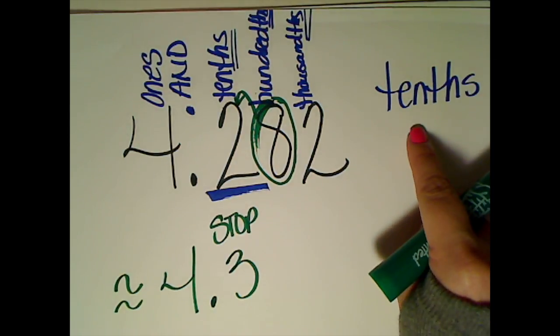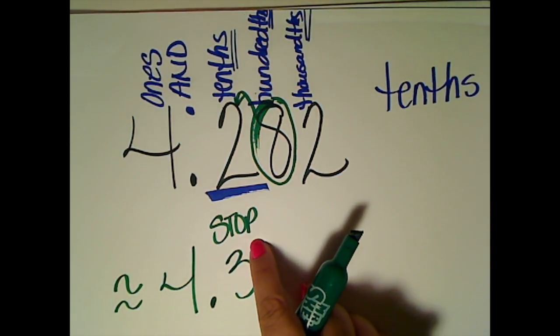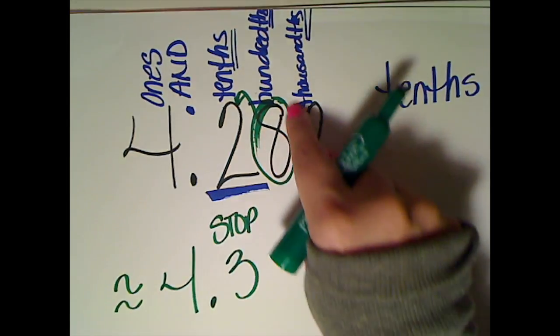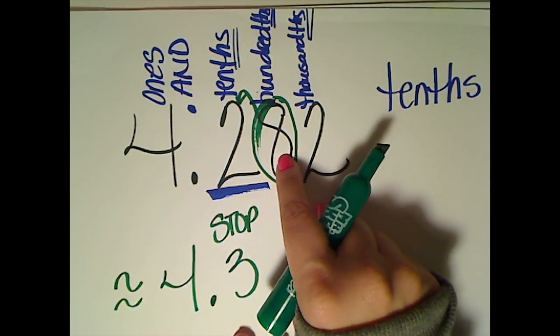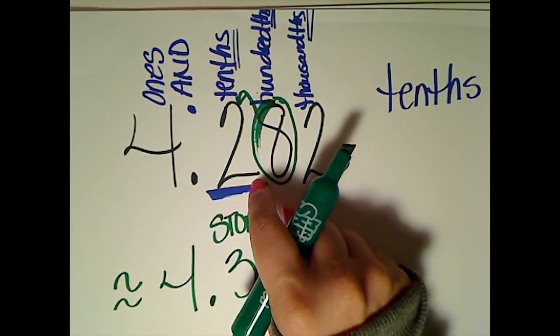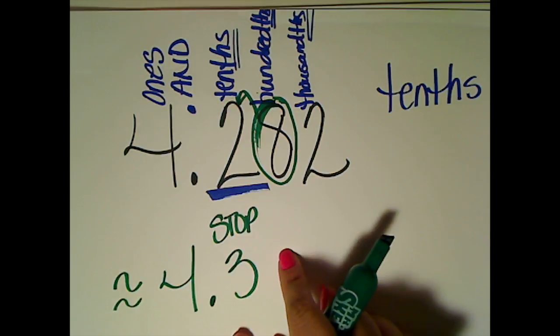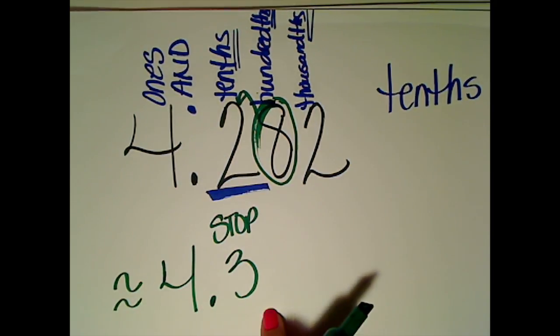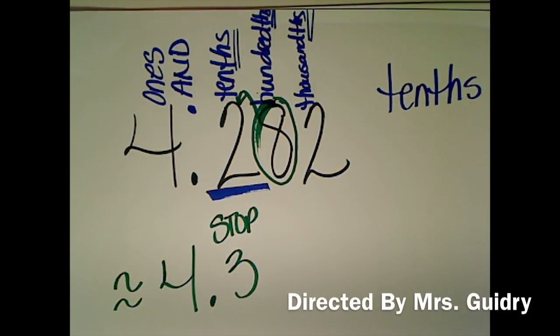Because I'm rounding to the tenths place, I stop writing at the tenths place. The digit to the right was higher than 5, so I would round the tenths place up. So my new number is 4 and 3 tenths.